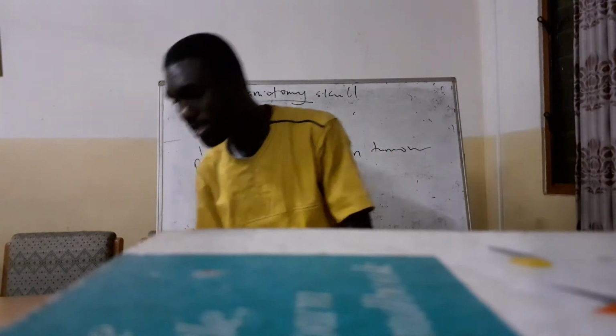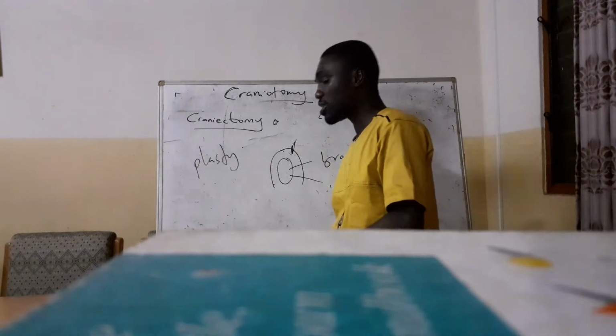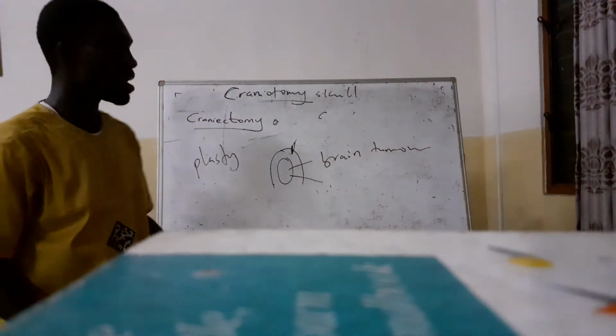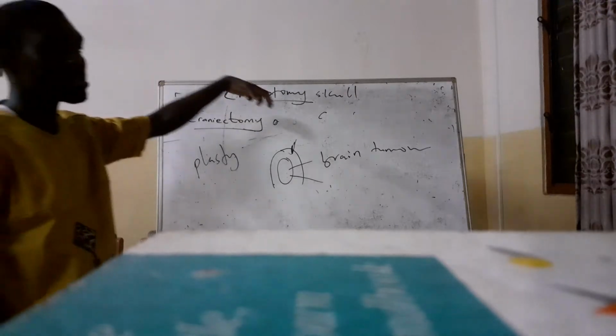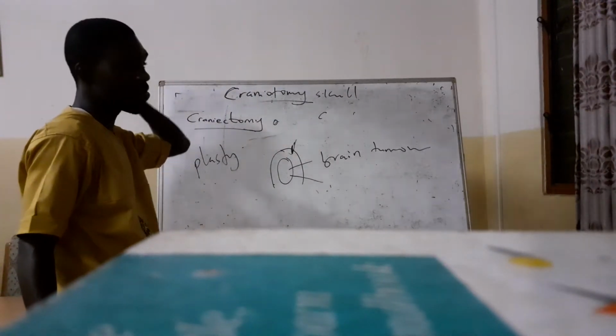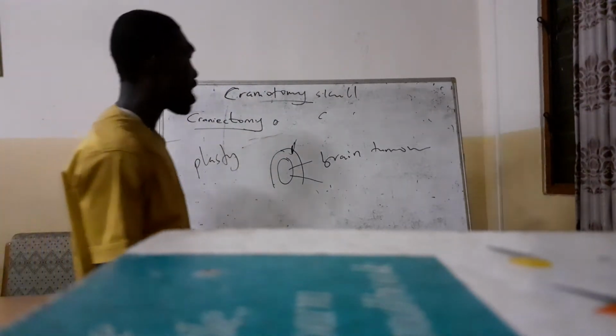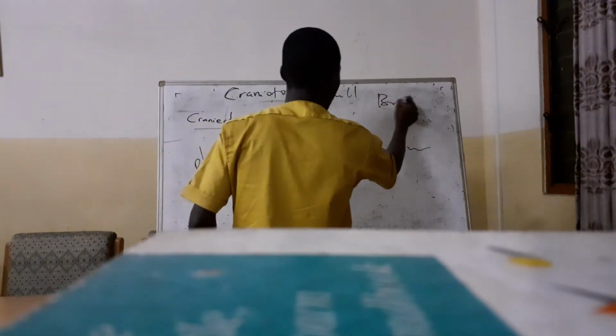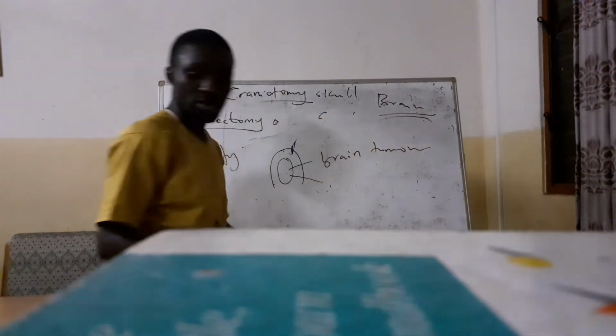Okay, what are the indications for craniotomy? Why will a doctor do craniotomy for the patient? Most of the time, if you have brain cancer, to prevent it from spreading, you can do craniotomy.